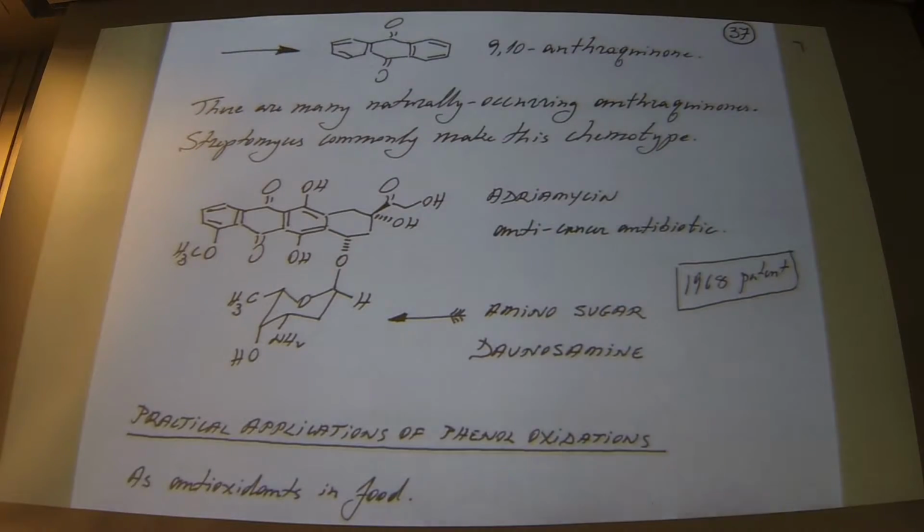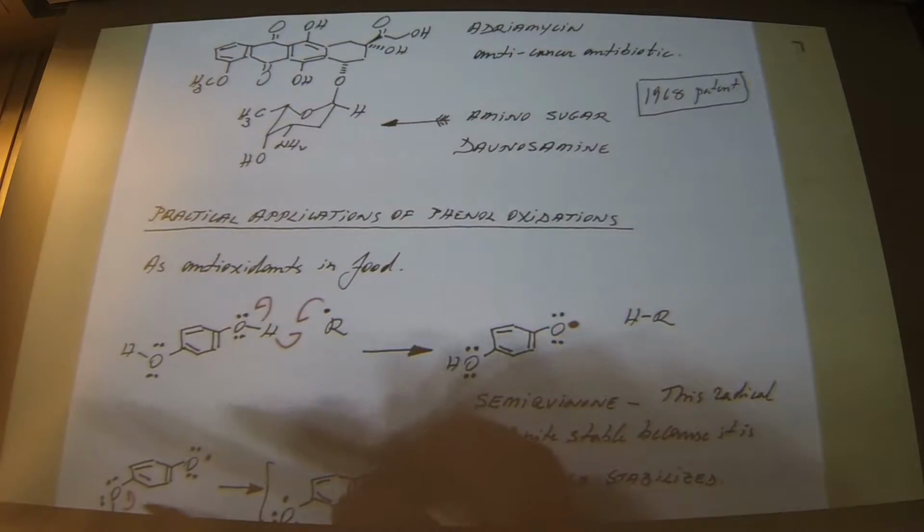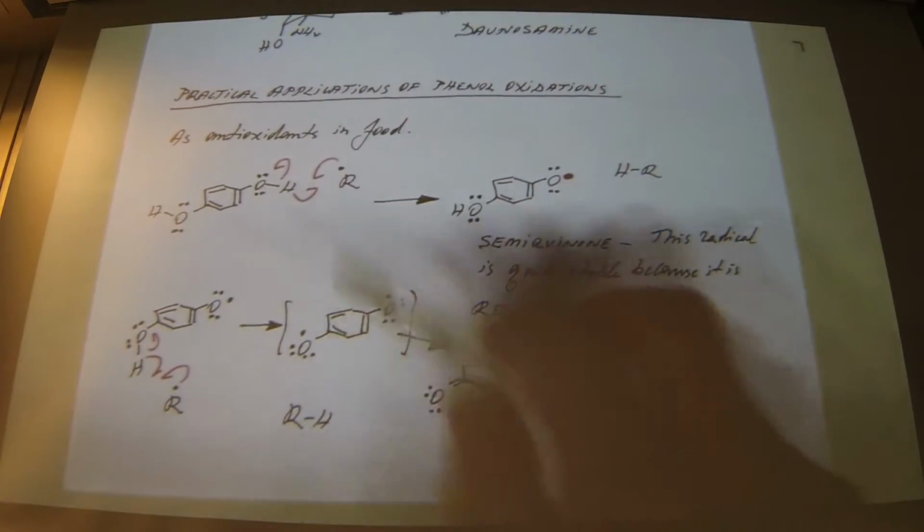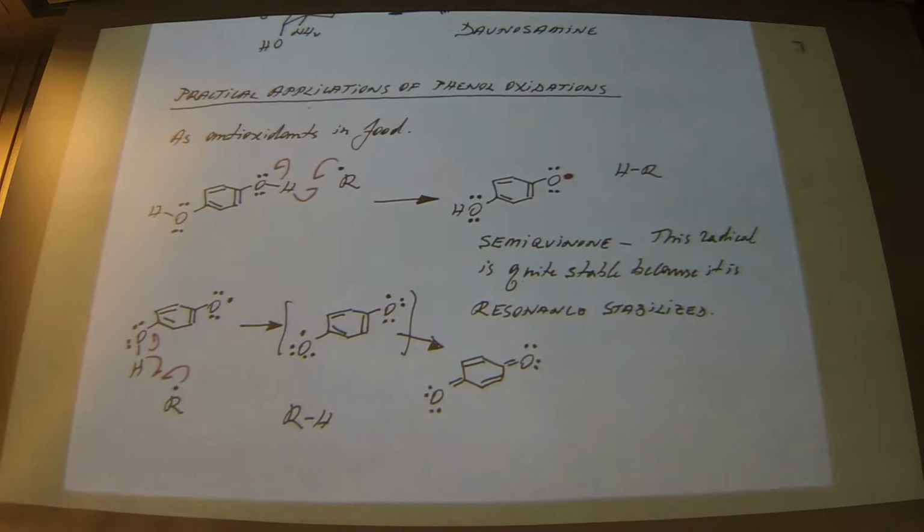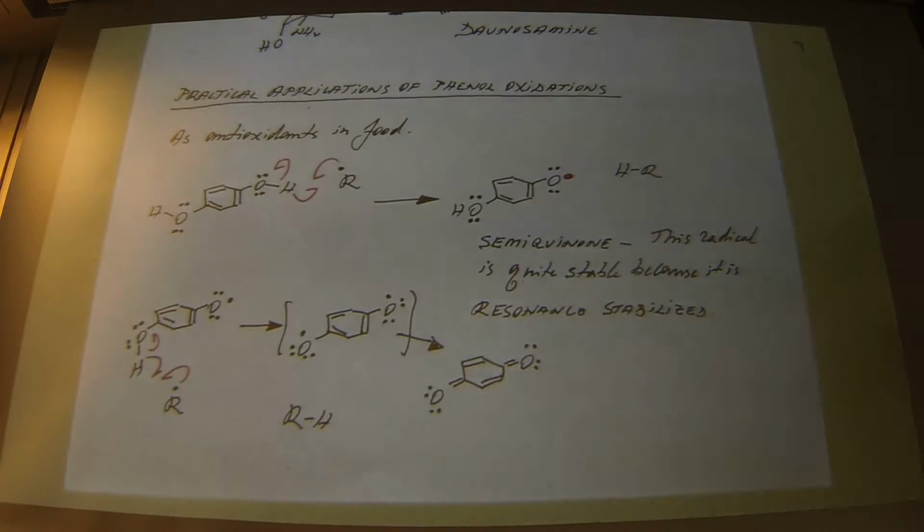So anyway, let's now talk about the next little thing, which is practical applications of phenol oxidation. So phenols undergo oxidation even though there's no alpha hydrogen, right? When we talked about alcohol to ketone, alcohol to aldehyde, aldehyde to carboxylic acid, remember we said that for the oxidation of an alcohol, you need to have that alpha hydrogen.